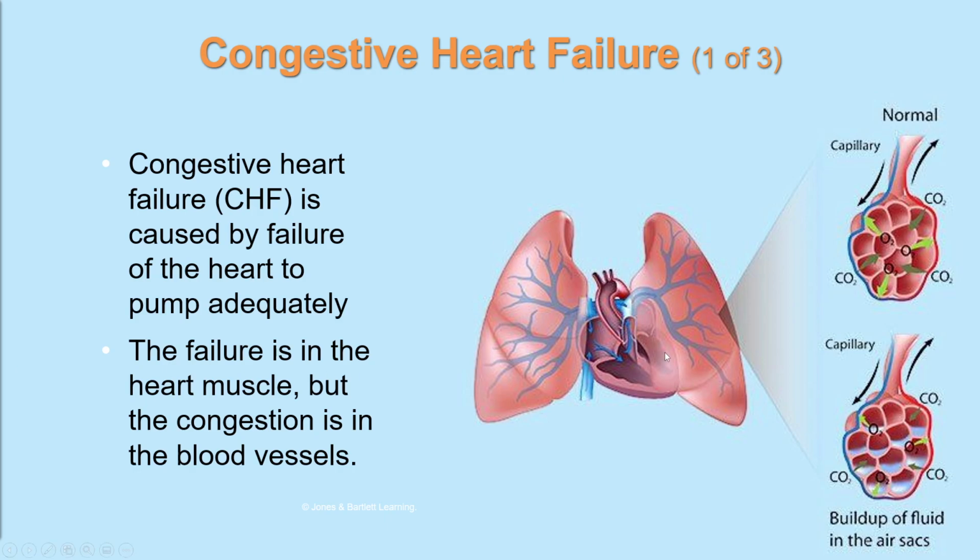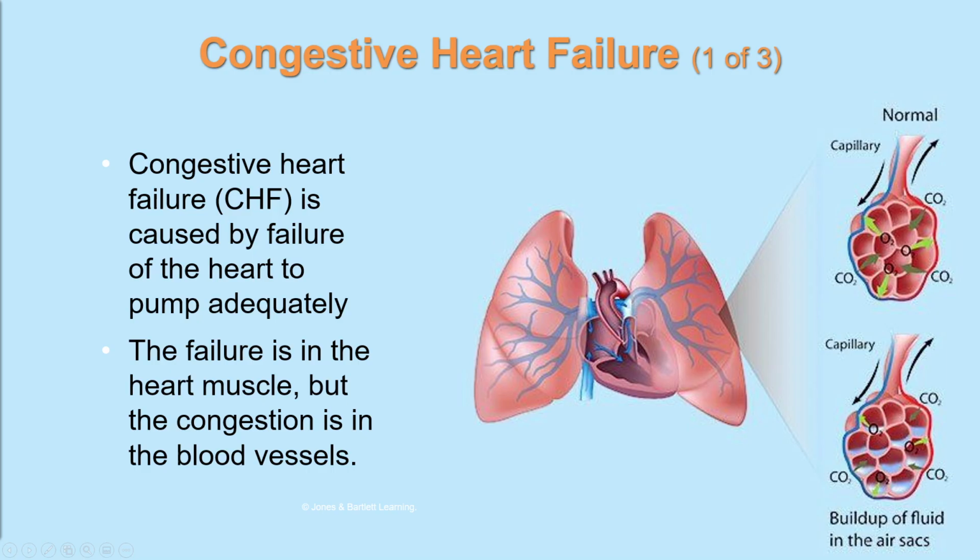So here we see on the screen that a congestion in the heart can cause blood to back up in the lungs. And if it does that, we see that fluid starts to enter the air space. And we can hear that in someone with CHF if they have rattling respirations, if it sounds like a pool filter when they breathe, like their lungs are filling up with liquid. That is from a type of congestive heart failure.